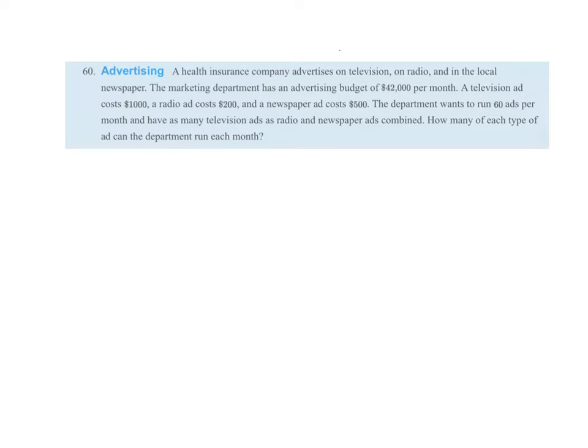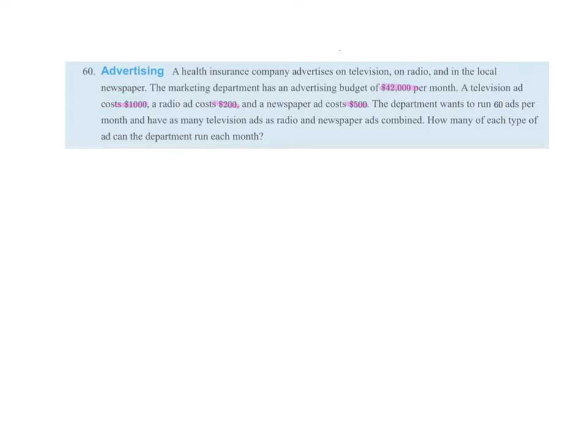So what we want to do is write our equations. Let's take a look at what we have. We notice that the marketing department has a budget of $42,000 per month. Then we know that a television ad costs $1,000, a radio ad costs $200, and a newspaper ad costs $500. So let's first define our variables.